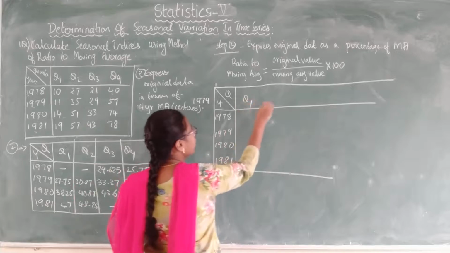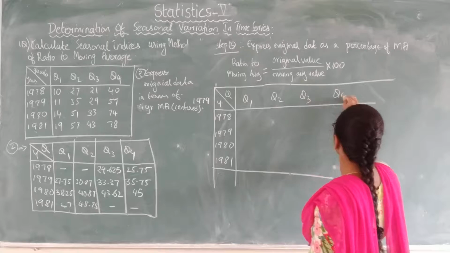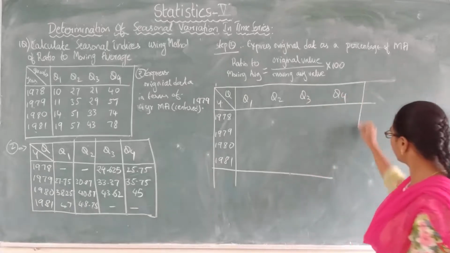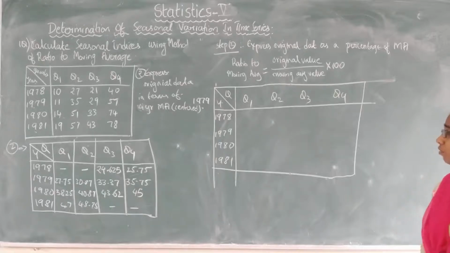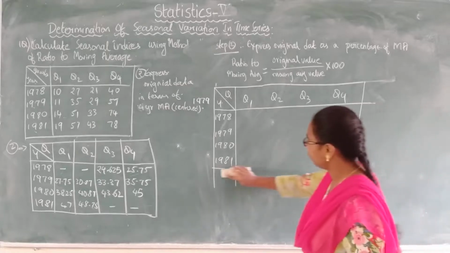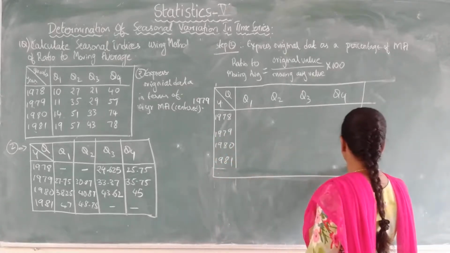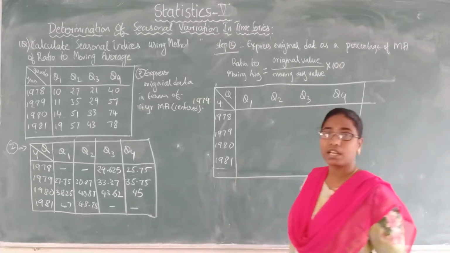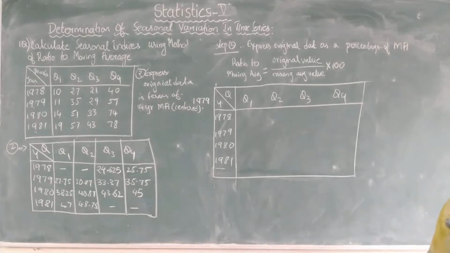Quarters are Q1, Q2, Q3 and last Q4. Now how you will find the percentages? Whatever the values given in the question are considered as the original data, and whatever the moving average we got in the step 2 table is the moving average value.